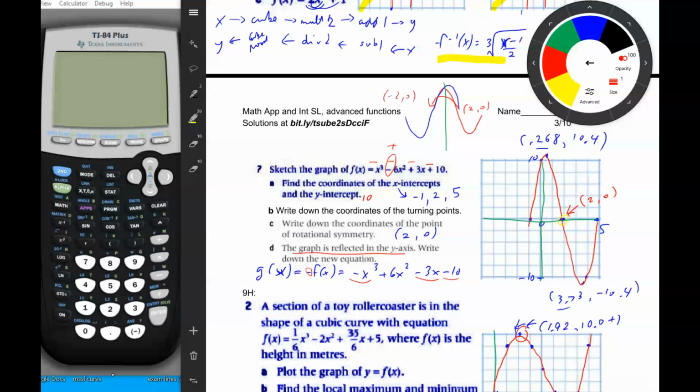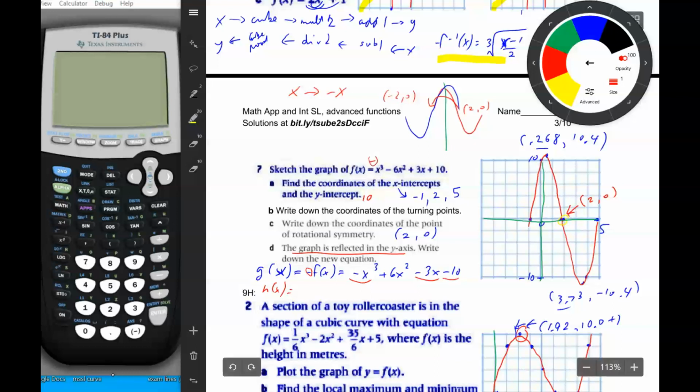So in that case, what you want to do is take all your x's and make them into negative x's. In order to flip it around the y-axis, you substitute negative x in for every x. For example, here we have positive x cubed.